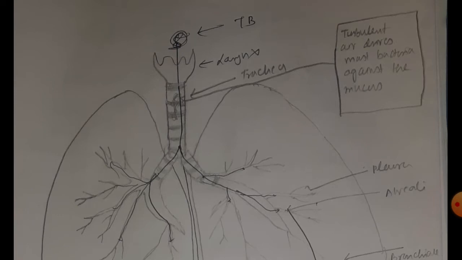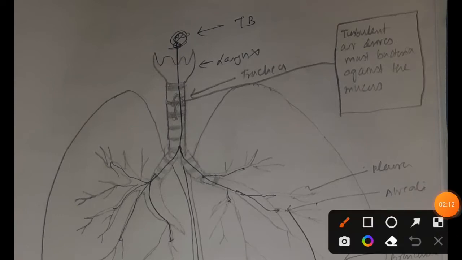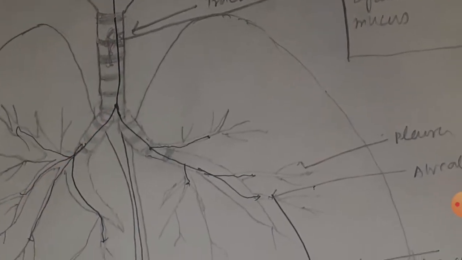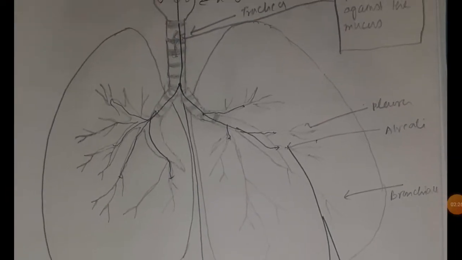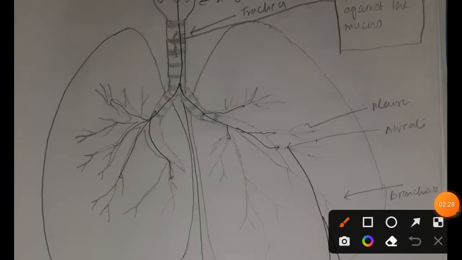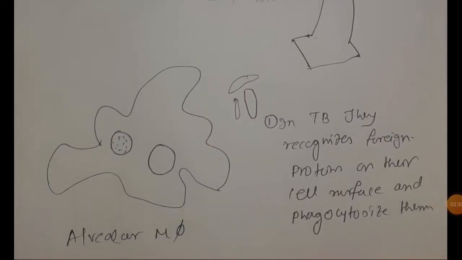But TB is quite clever. TB avoids the mucus trap and drives itself deep into the airways, especially the alveoli. Clear? In the alveoli, remember, there is a special kind of macrophage present, the alveolar macrophage.